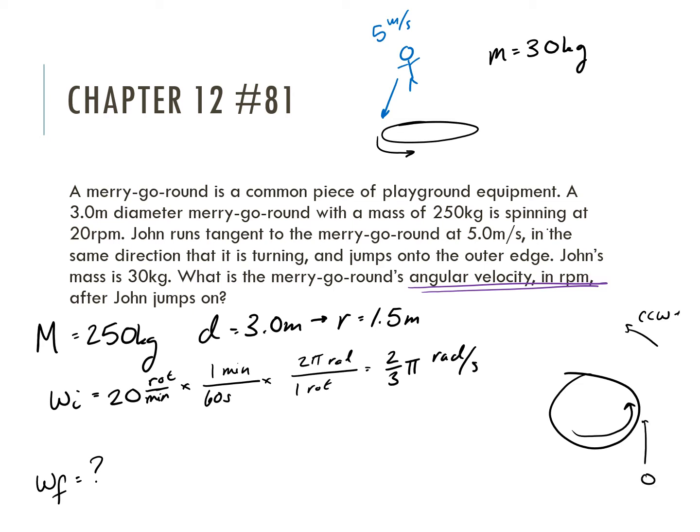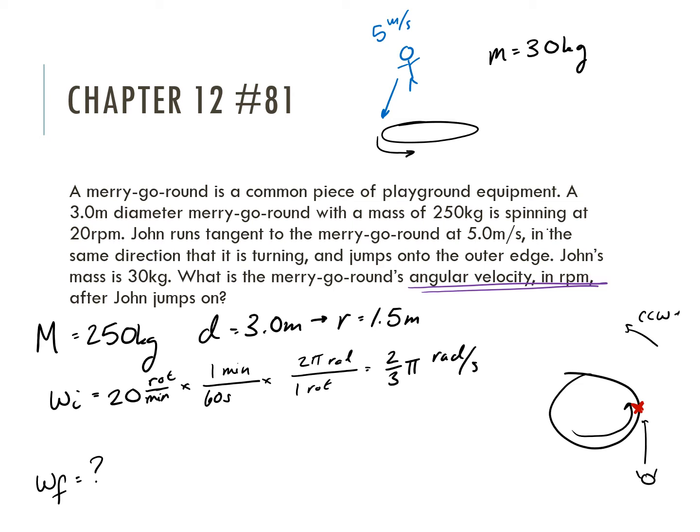This is the top of John's head, and he's running at his 5 meters per second and jumps onto the outer edge. So he's going to be jumping onto the outer rim of this merry-go-round.